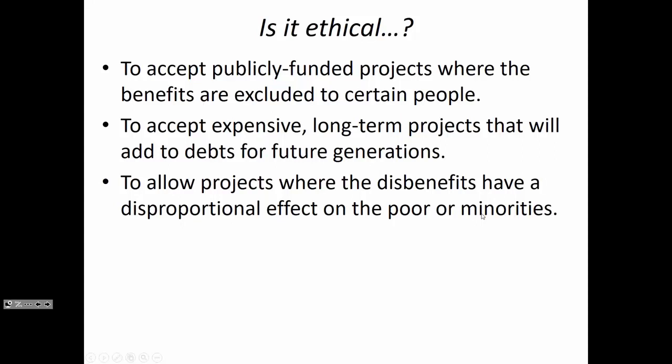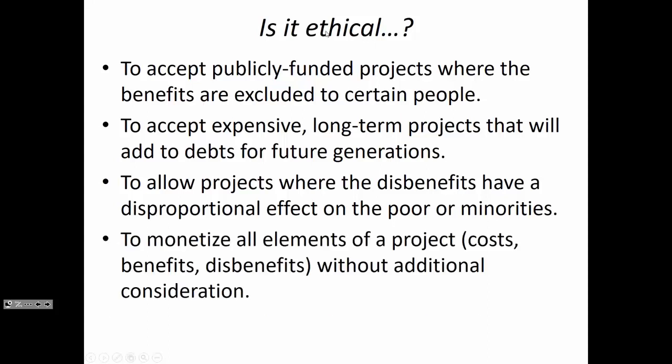The noise effects in poor areas are less expensive to mitigate because people aren't going to fight as hard during the public meeting stages. And so obviously that sort of thing isn't ethical, to target disbenefits to people who can't fight back or can't represent their own interests.